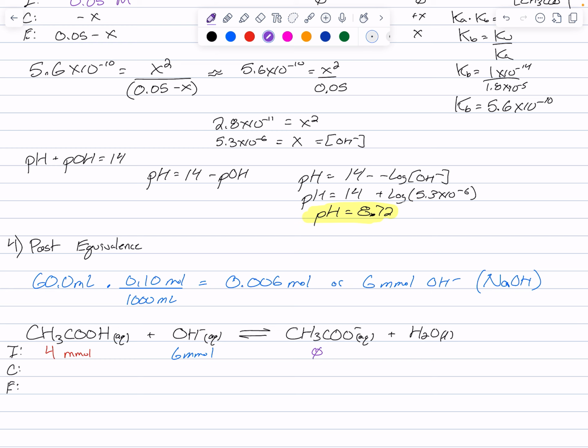Who is limiting? Looks like the acid. -4, -4, +4. So we have no acid left. We have 2 millimoles of hydroxide, and we have 4 millimoles of conjugate base. So now we have a new volume coming, don't we?